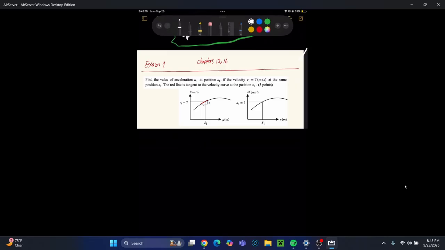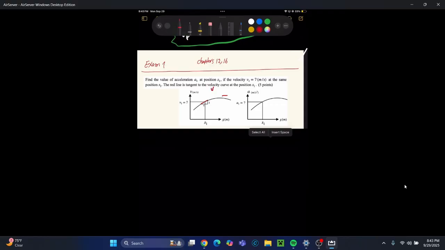Okay, so looking at this problem, there's a big thing you should notice: on this axis we have our v values, which is fine and normal. But normally we're looking at v versus t on a graph like this.